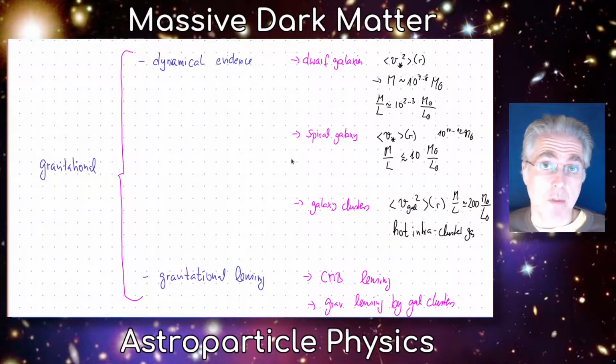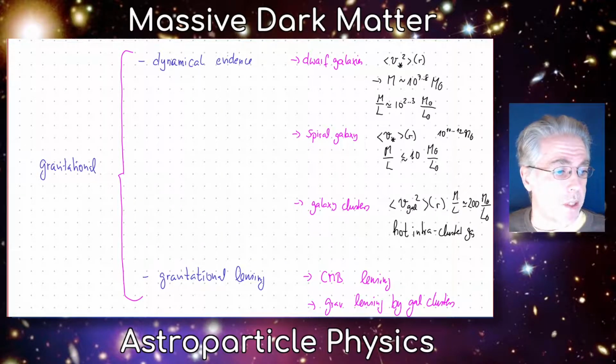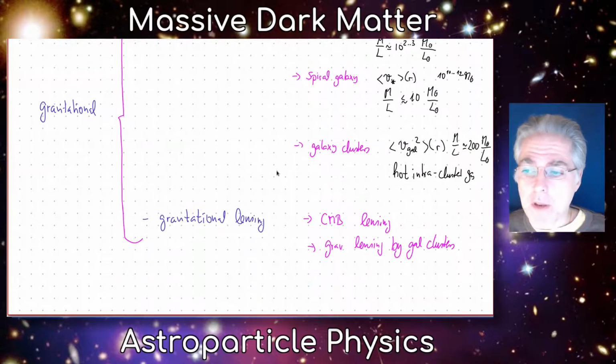Also, the number of dwarf galaxies that are observed is quite small in comparison to the actual expectation. So let's go through some of these points in a little bit more detail in a moment, before we look at some of these observations in detail.